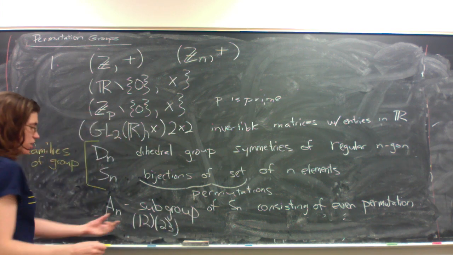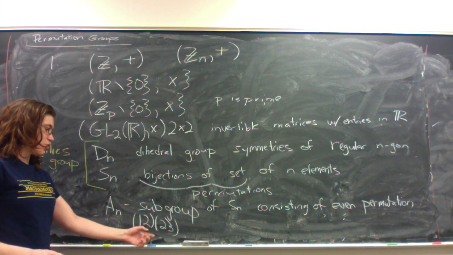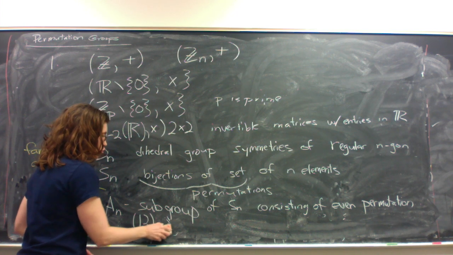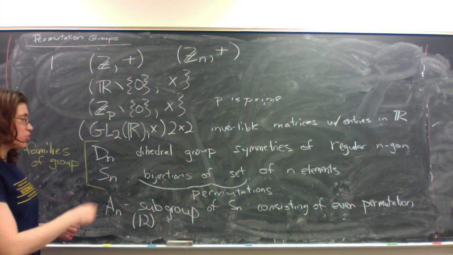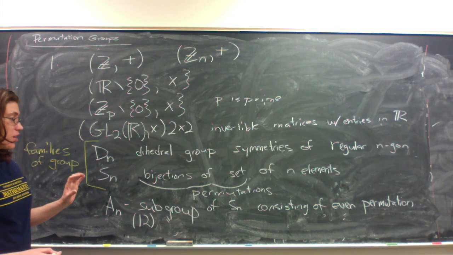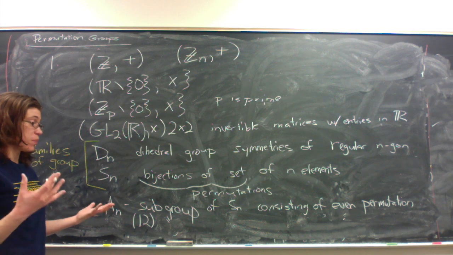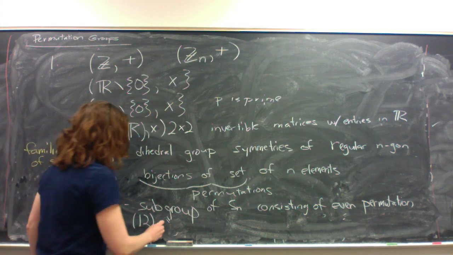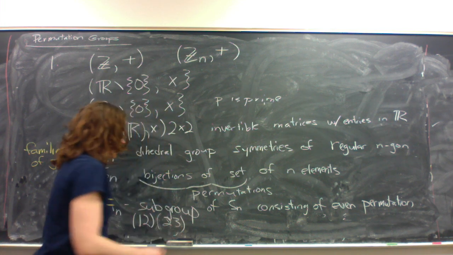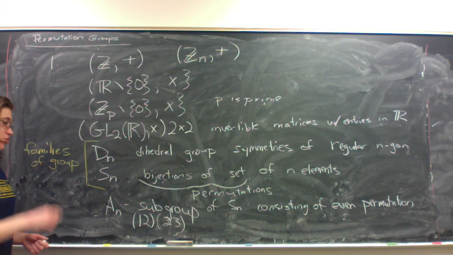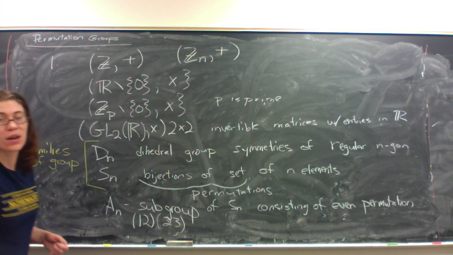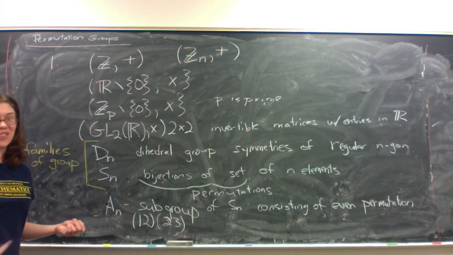A transposition is a permutation that switches two objects in the set. So transpositions are special types of permutations. We explore in our adventure sheet ensuring that this is a well-defined definition.